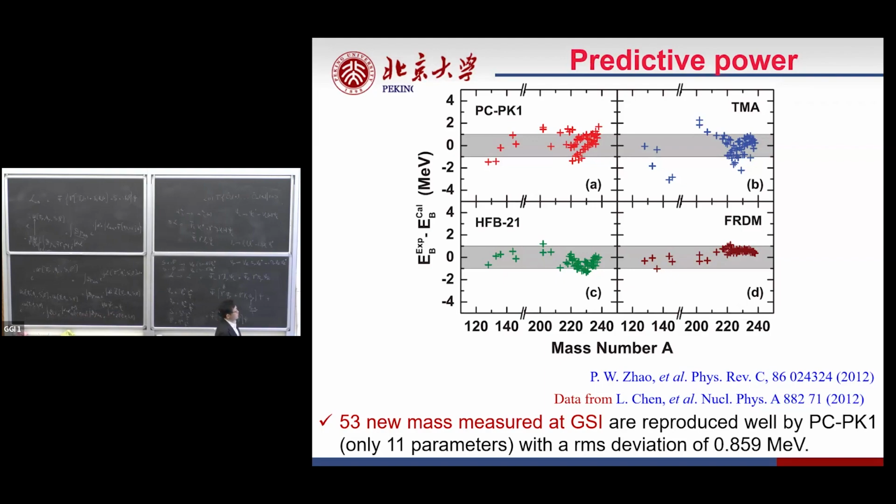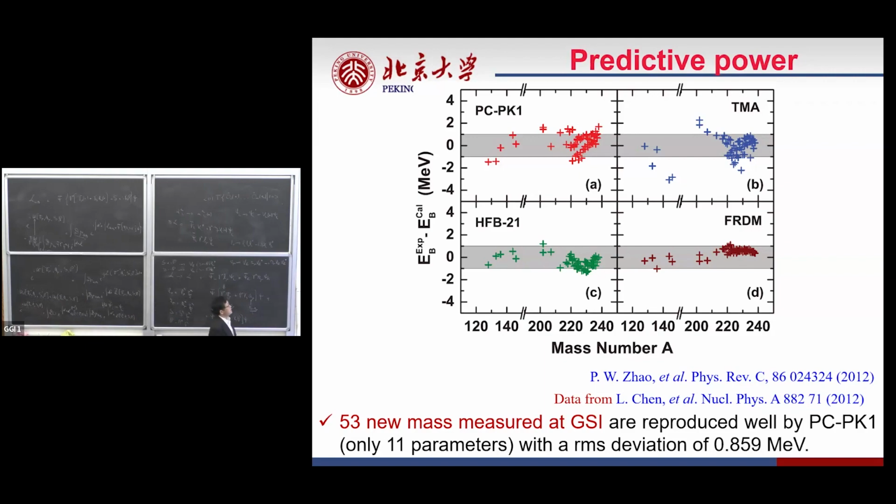For example, you see this is 53 new mass measurements performed at GSI. Because they did the experiment after all these mass models had been developed, it is very good that we could check how well this model describes the newly measured masses, to check the predictive power.